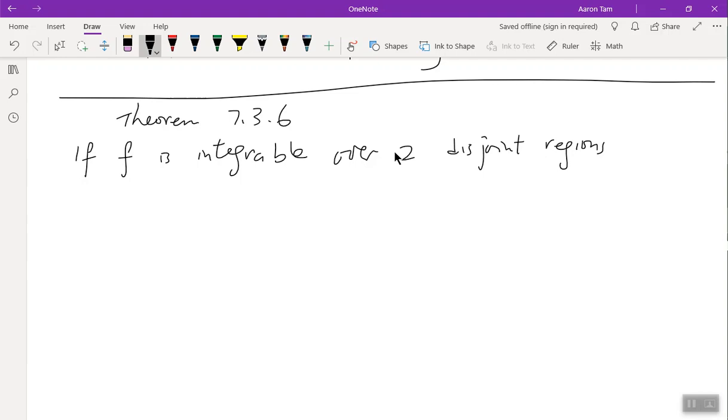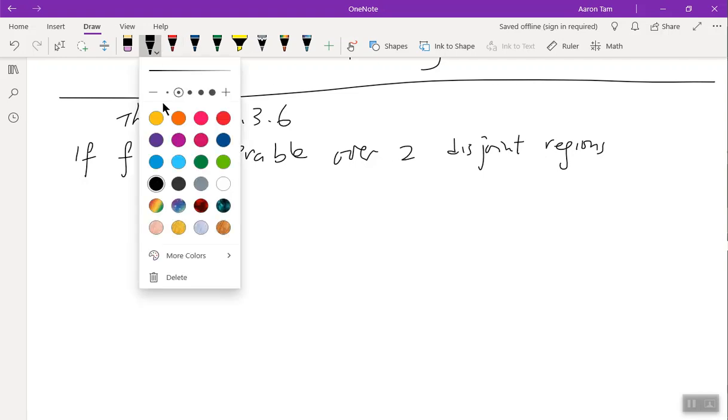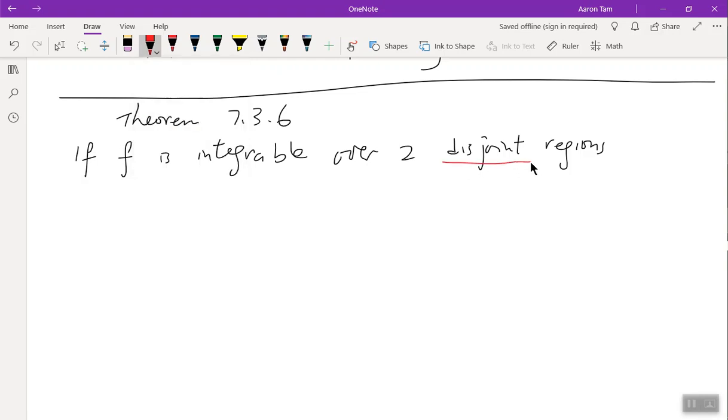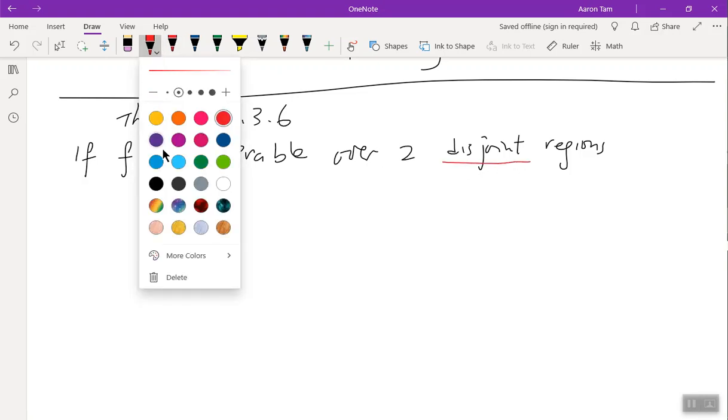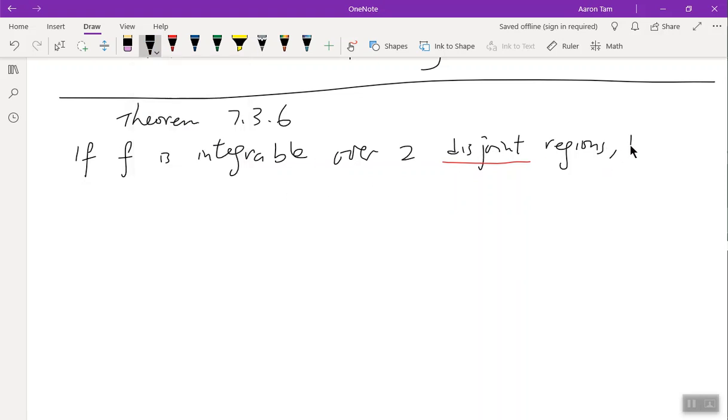Let's say, so we're going to have to talk about what disjoint means. Disjoint regions. Let's say they are B sub 1 and B sub 2. Then this is what must be true.